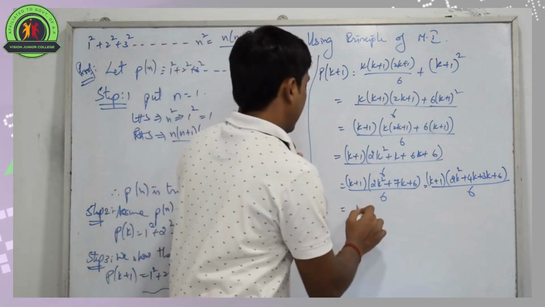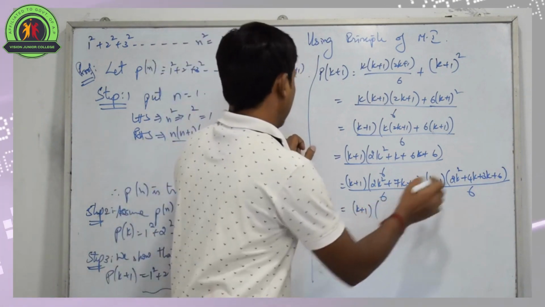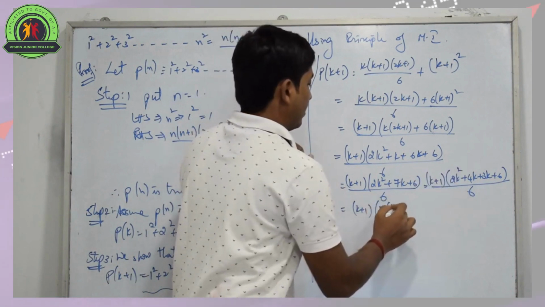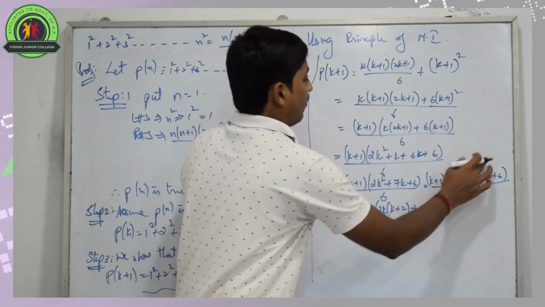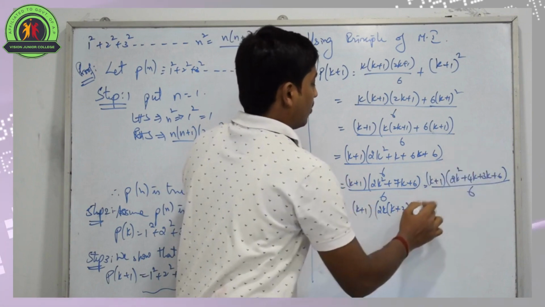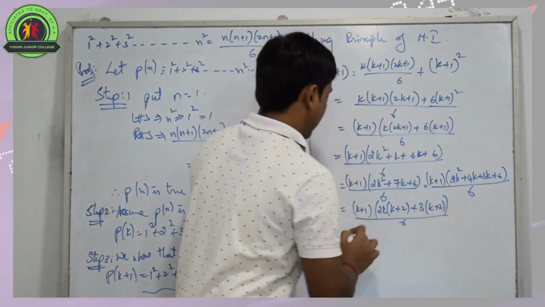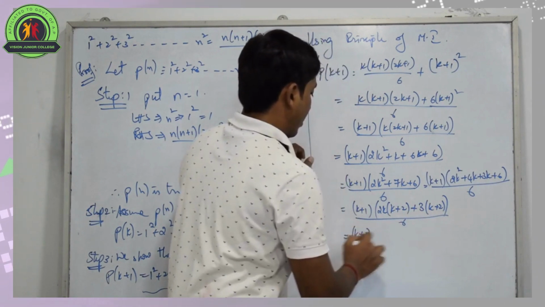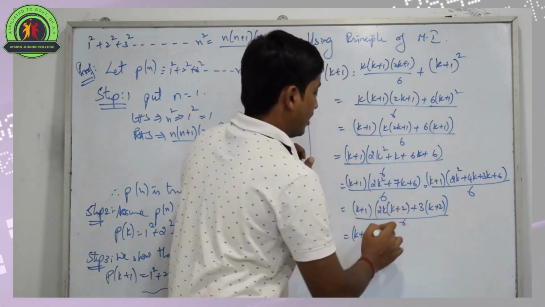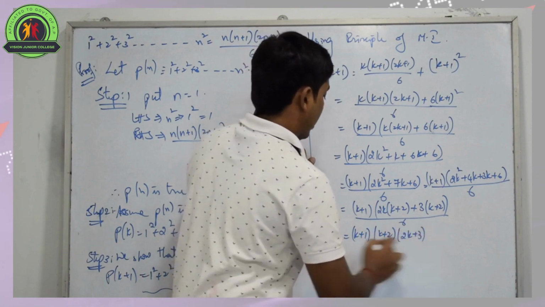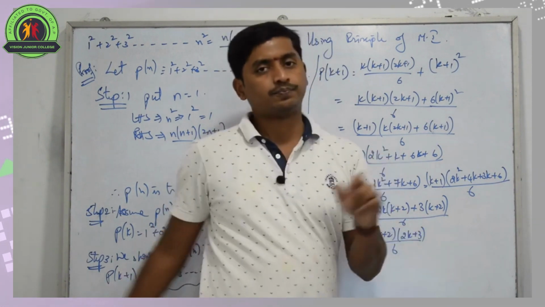And the next, k plus 1 will be as it is. Then the next, if I take 2k common from the first two terms, I will get it as k plus 2. And if I take 3 common from the next two terms, I will get it as k plus 2, whole divided by 6. Yes, k plus 1 into, we can take k plus 2 common here. Then I will get it as 2k plus 3 divided by 6.